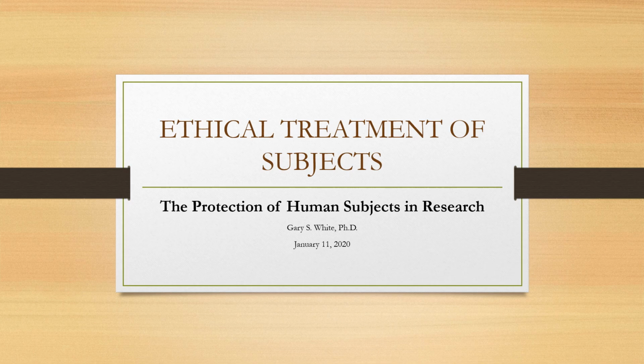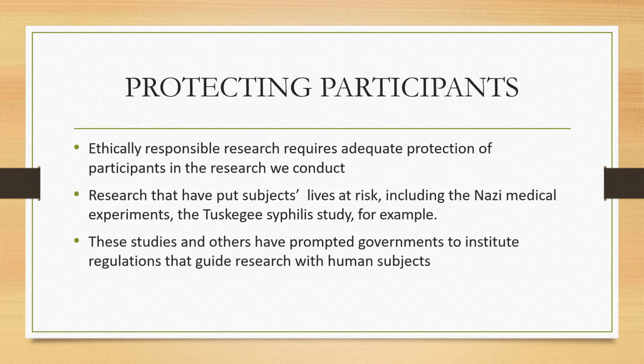So here's my second attempt at leading a discussion on the protection of human subjects in research. This is case study number 3 for the choices that we had. Keep in mind that for the protection of participants, ethically responsible research requires adequate protection in the research we conduct, as we all know.